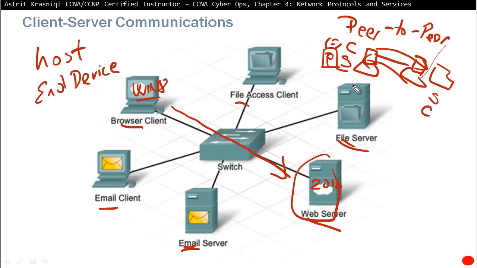So depending on the role, you can be a server as well as a client. That is on a peer-to-peer network. On a client-server network, the client is always a client and the server is always a server. It's always going to ask for services, and it's always going to give the services to the clients.